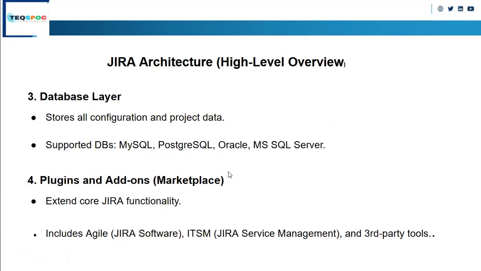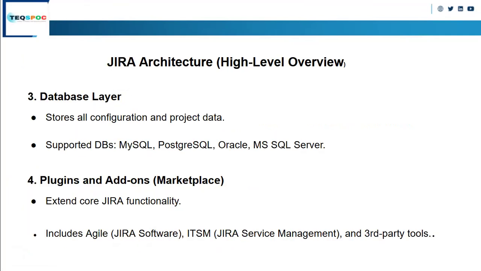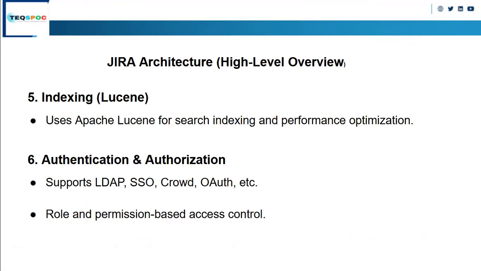So this is basically the Jira architecture, where you have seen the UI, you have seen the core Jira layer, which language the Jira software is made in, that is Java, which framework Jira has used, Apache, and what it is used for: tracking, workflow, permissions. Then you have seen what databases it supports, MySQL Server, PostgreSQL. You have seen the plugins, third-party tools, and marketplace under the Jira architecture.